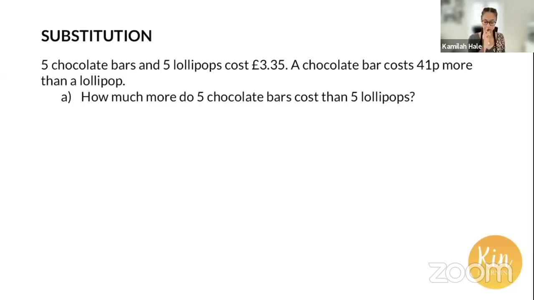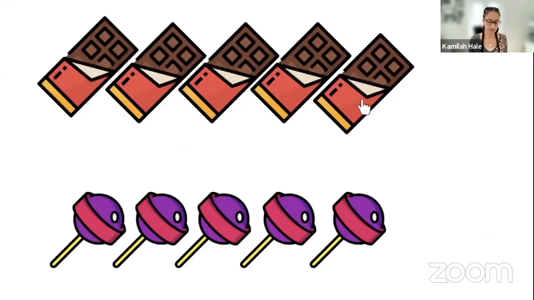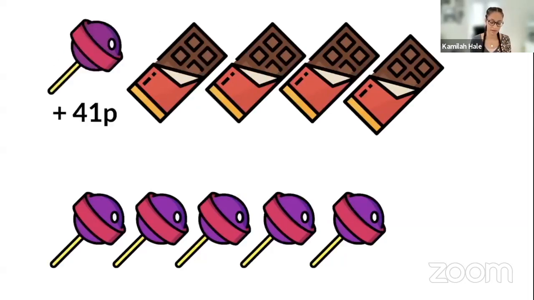Now, some of you will be able to work this out just on your own without the need for an example. If you can, then feel free to send me your answer. For some, this sounds a lot more confusing than it is. So let's look here. I've got 5 chocolate bars, 5 lollipops, just like in the question. Now, we've been told that each chocolate bar is worth 41p more than a lollipop, which means if you wanted to swap this chocolate bar for something, you'd have to give a lollipop plus 41p, like this.